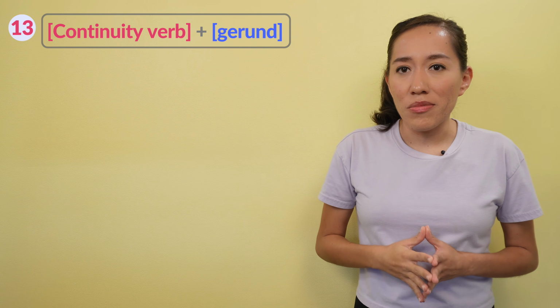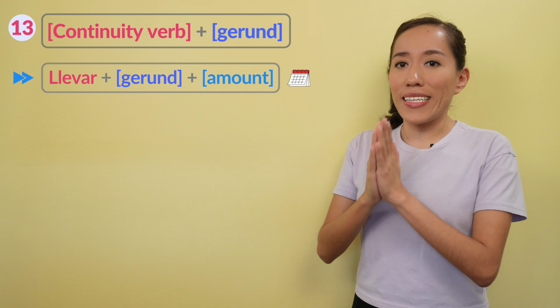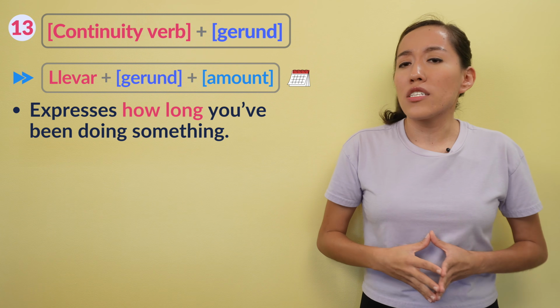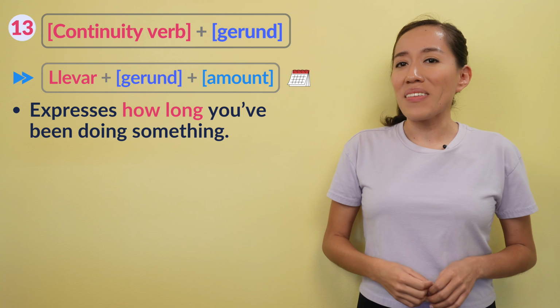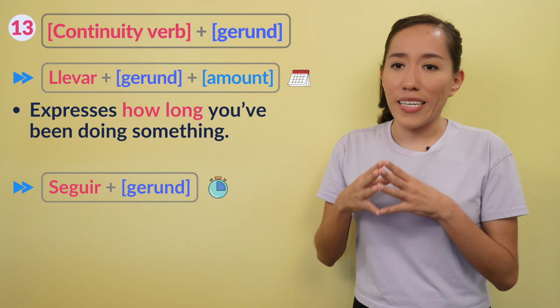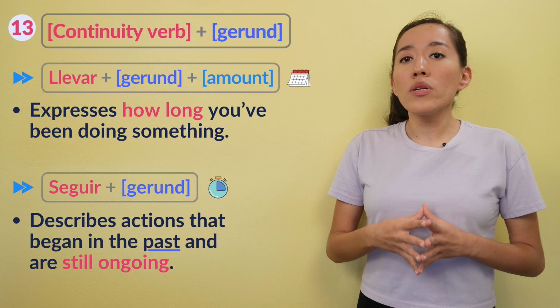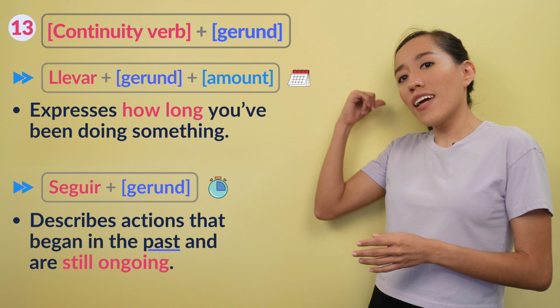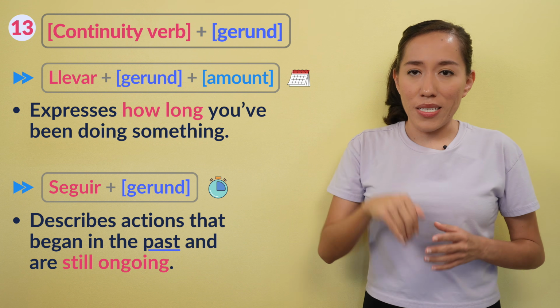La segunda combinación es llevar más gerundio, más cantidad, amount. This one is going to help you express how long you've been doing something. La tercera combinación es seguir más gerundio. Seguir más gerundio expresa que una acción que inició en el pasado todavía continúa en el presente.